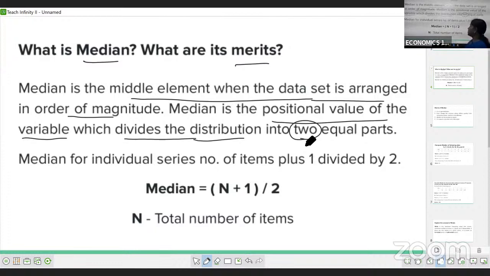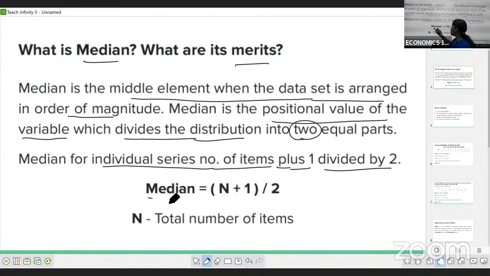Let's see. The median for an individual series is the number of items plus 1, divided by 2. You can see the formula here: median equals n plus 1 divided by 2. This is the formula you have to use to calculate the median.